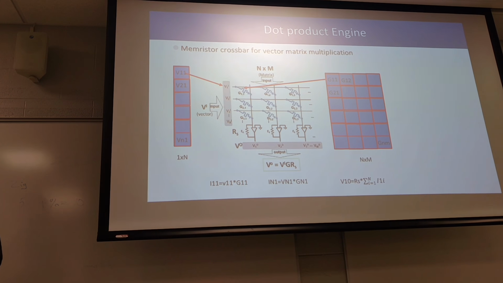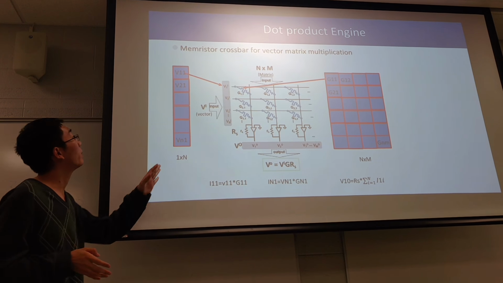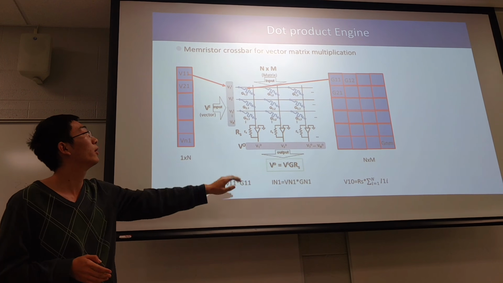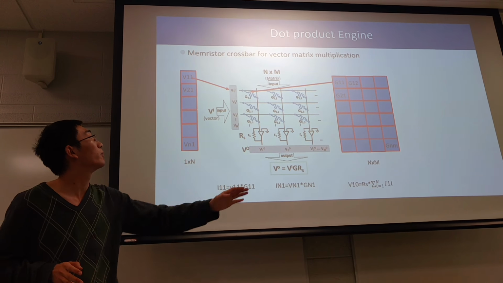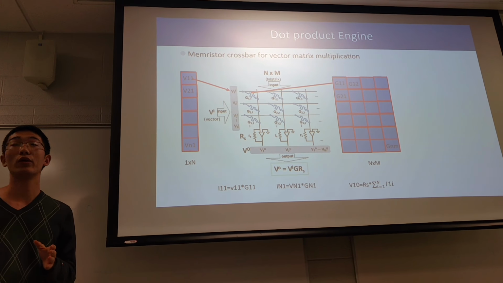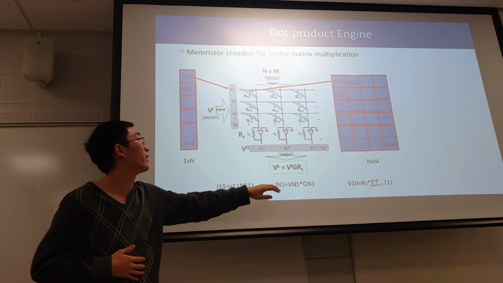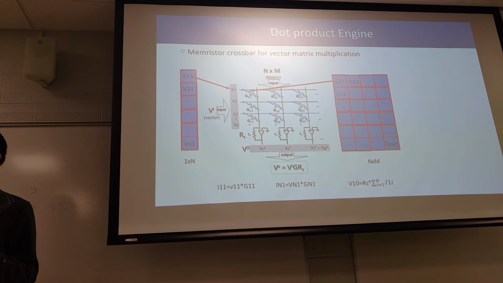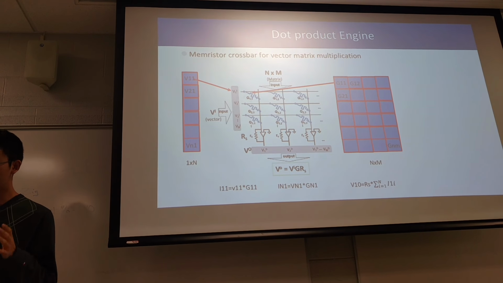If you want to do a vector-matrix multiplication, you can map your vector onto this voltage input vector, and your matrix can be mapped to the resistance matrix. Then in one clock cycle, you can get the result vector, which is also a voltage vector. Then you need to convert the voltage to a digital vector.